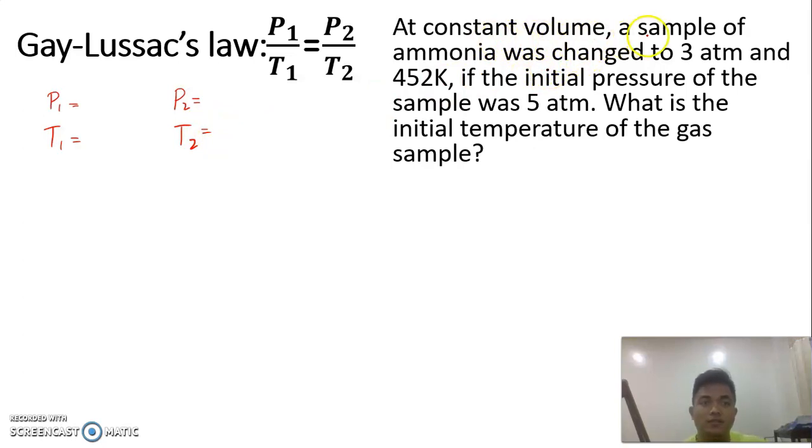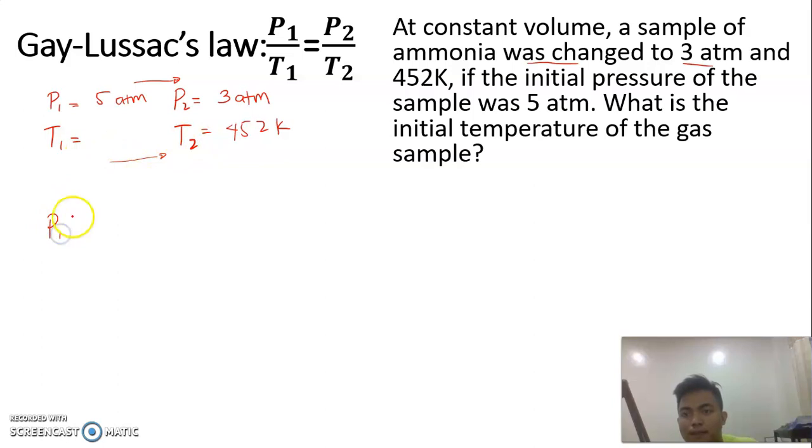So at constant volume, a sample of ammonia was changed to 3 atmosphere, and your temperature is 452 K. The other given was that the initial pressure was 5 atmosphere. What will be the initial temperature? If you look at this problem, there was a decrease in your pressure. That would mean your T1 is going to be higher than your T2.